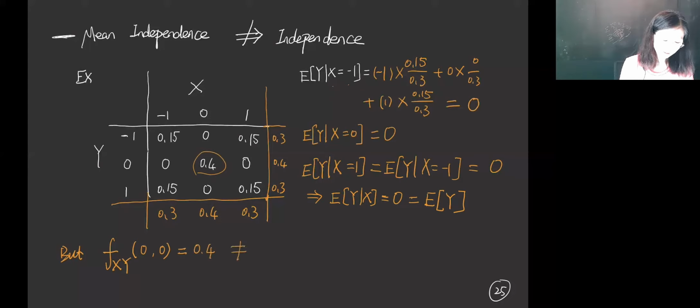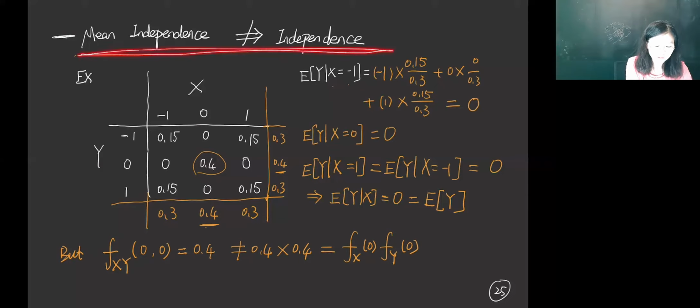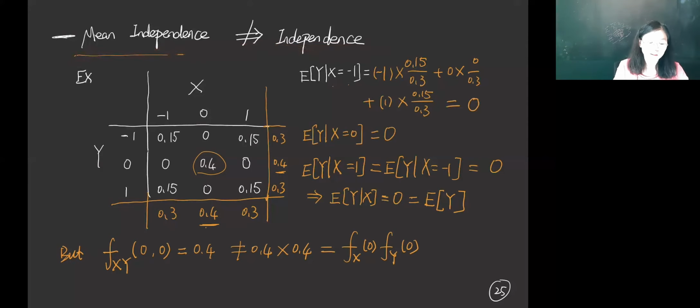But that is not equal to the marginal PMF of x times the marginal PMF of y. That's not equal to 0.4 times 0.4, which is f of x 0 times f of y 0. So x and y are not statistically independent. So that shows mean independence does not imply statistical independence. Statistical independence is a strictly stronger concept.